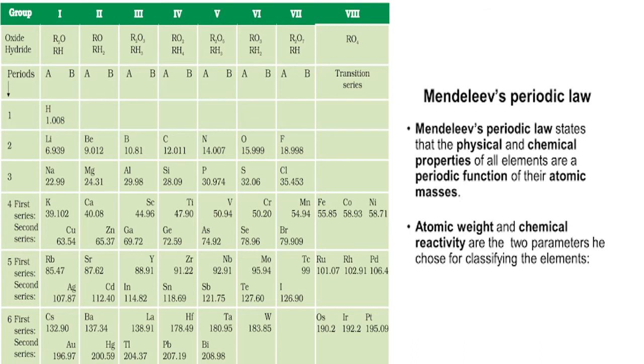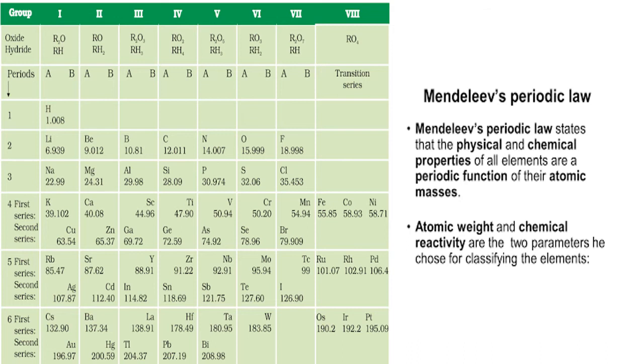Factor number one: increase in atomic mass, as earlier scientists also took. Second: similar chemical properties were taken care of. Earlier, only atomic mass was the base, but in this classification, not only atomic mass but also similar chemical properties were considered.